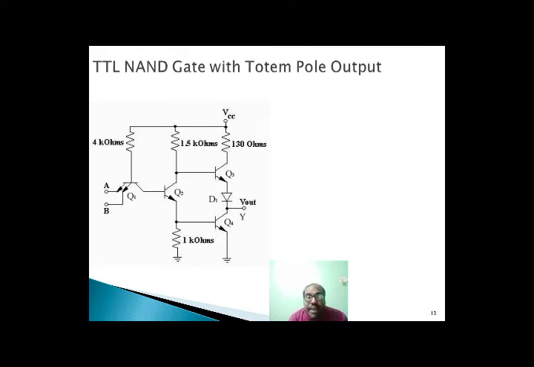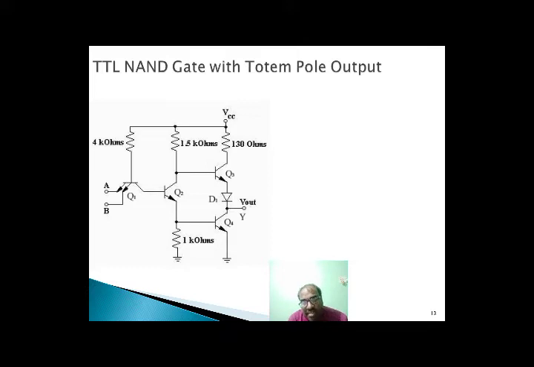When A and B are both high, that is the second condition, the two input base emitter junctions of Q1 are reverse biased and its base collector junction is forward biased.